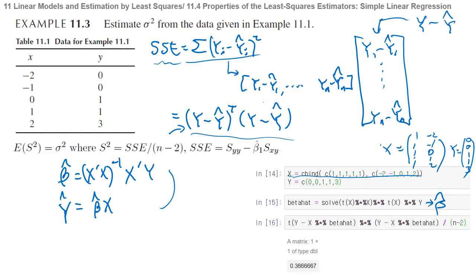And this part is Y minus X beta hat transpose, Y minus X beta hat, and the result divided by 5 minus 2 is the same, 0.36666. So you can calculate the estimate of sigma square this way as well.